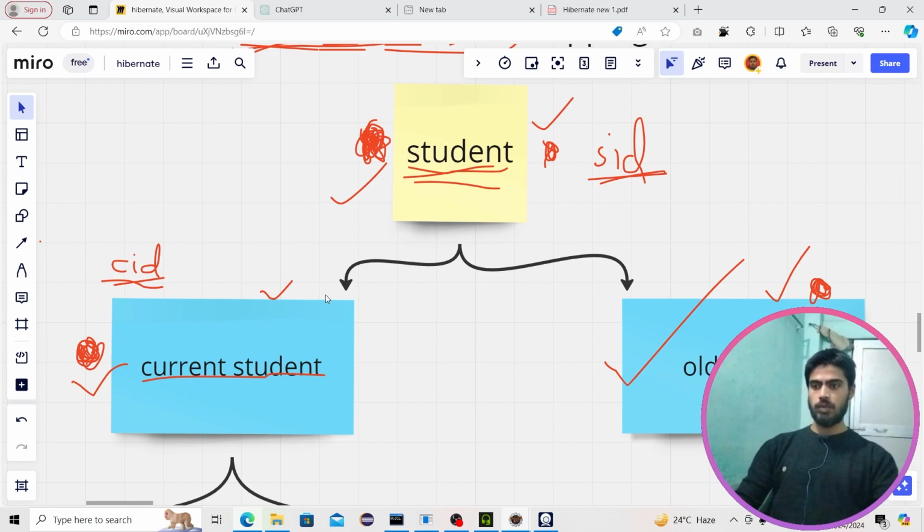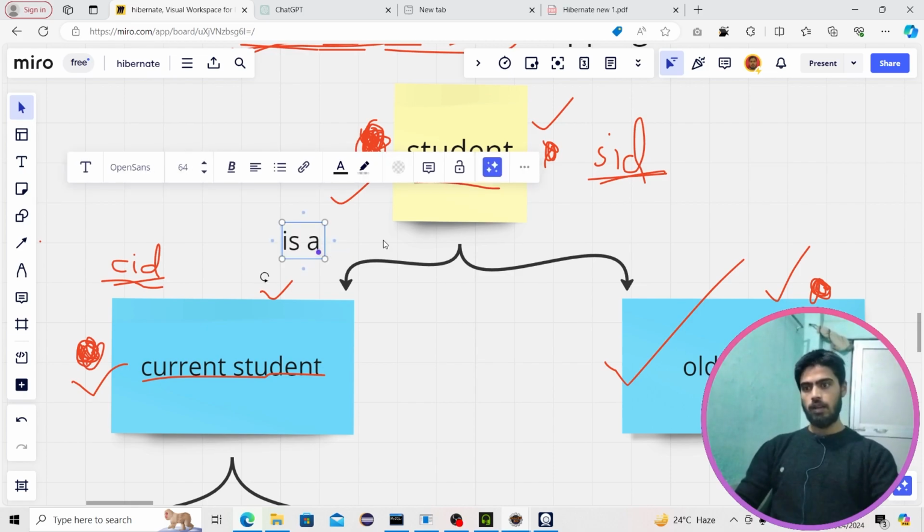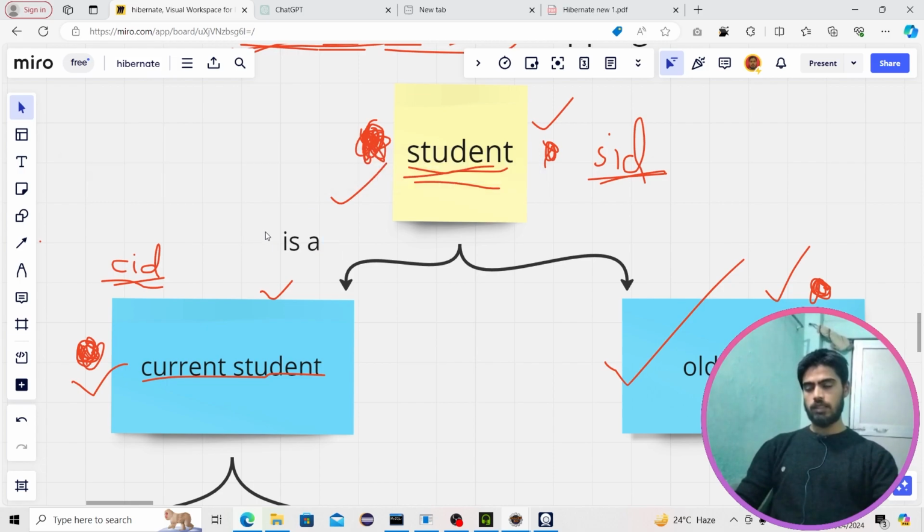Here the relationship is an is-a relationship. You can say a student is a current student, or a current student is a student, but you cannot say that a current student has a student.